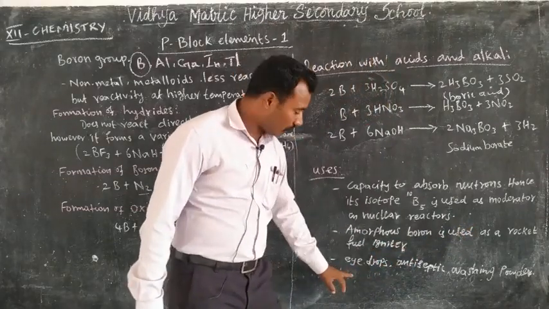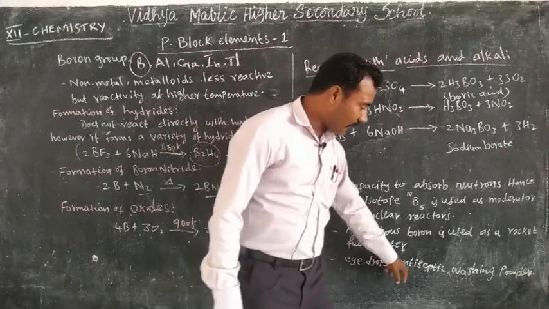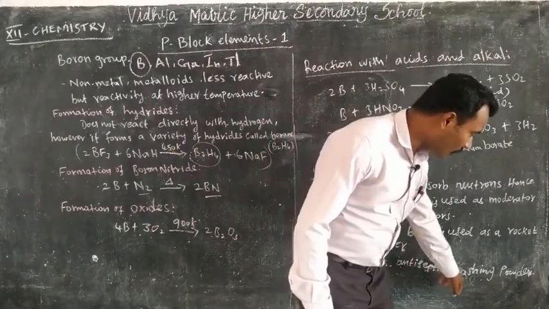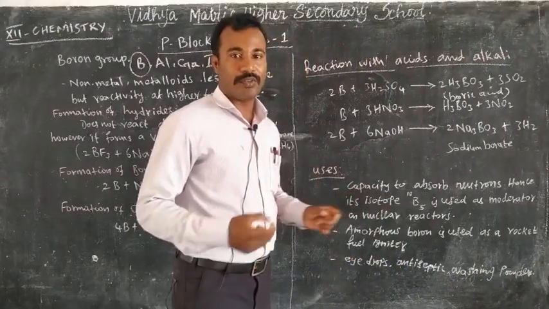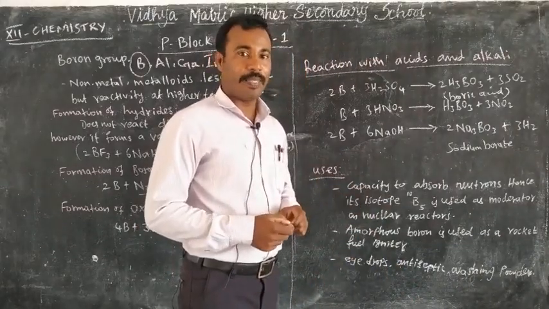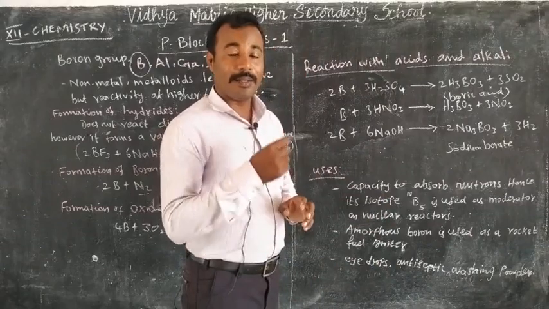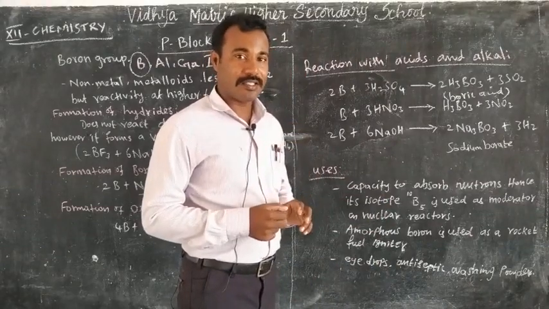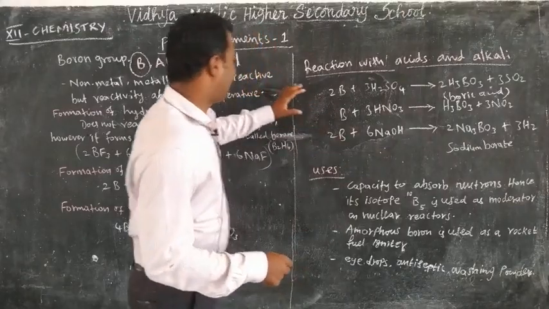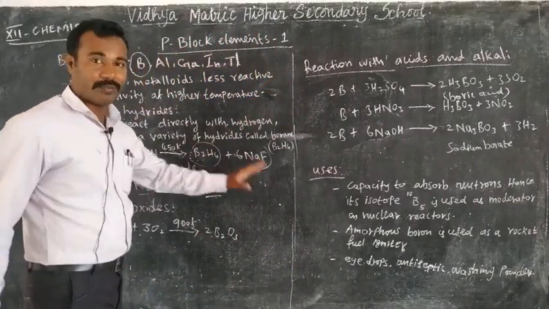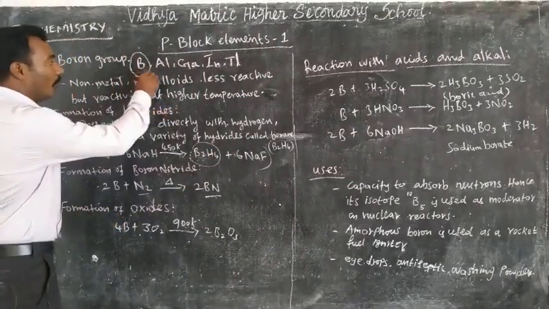Boron is also used in eye drops, antiseptics and washing powder manufacturing, as one of the main ingredients. Boron is also essential for plant cell walls. So these are the reactions and important points about boron.